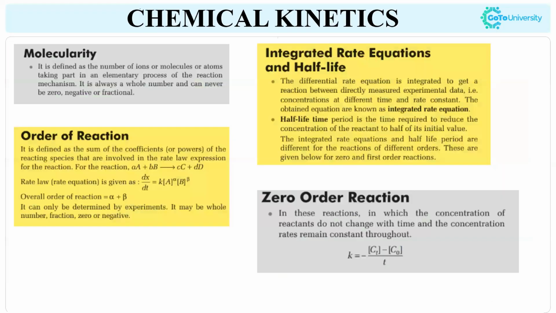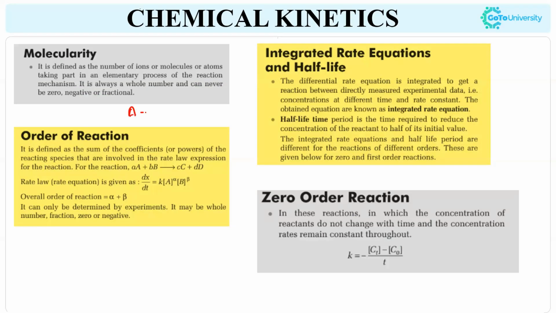Now molecularity and order. Both of them are actually different terms. Usually students might think that order and molecularity are the same, but they are not, they are different. Molecularity means how many particles take part in the reaction. From the equation, we can say how many particles are there.